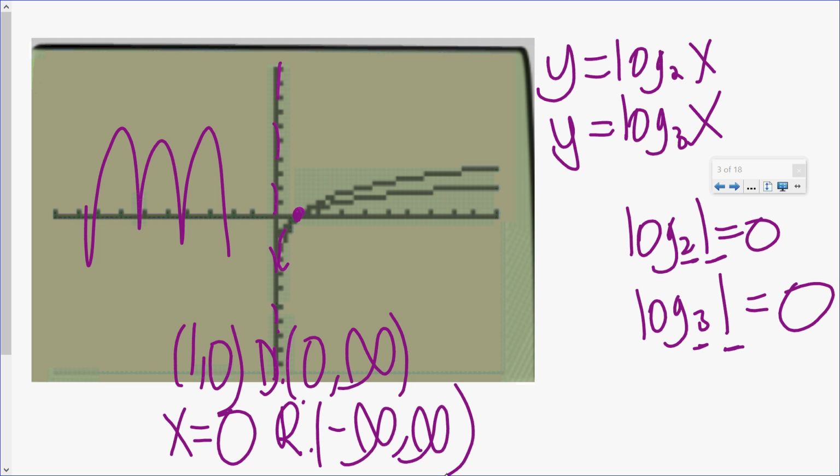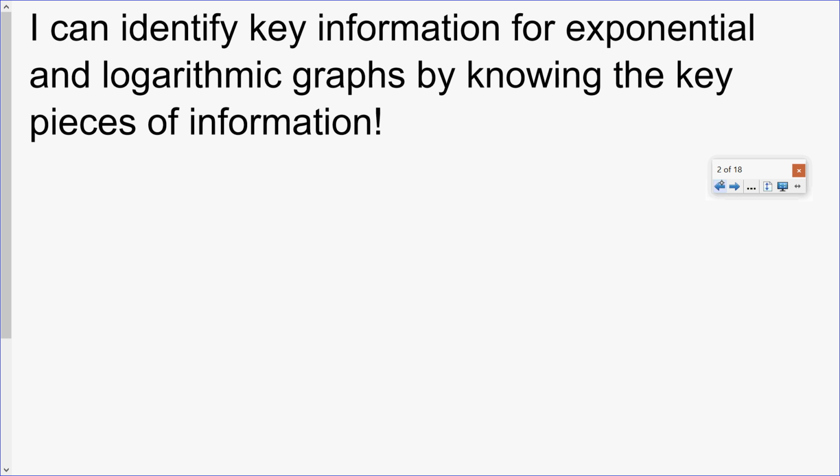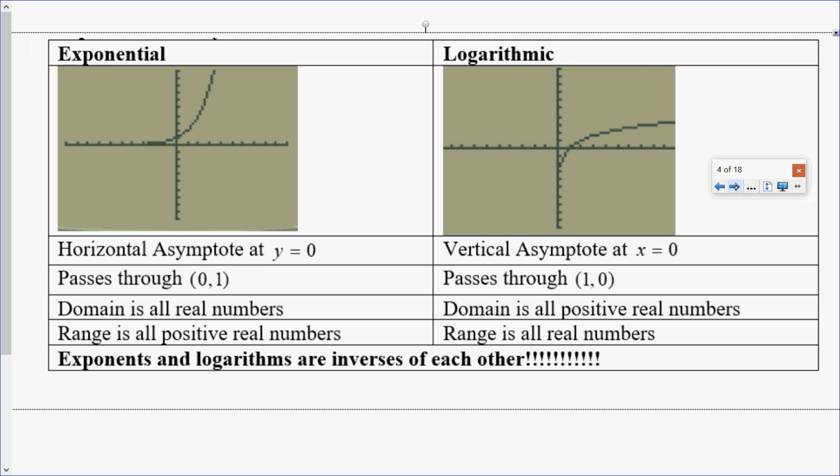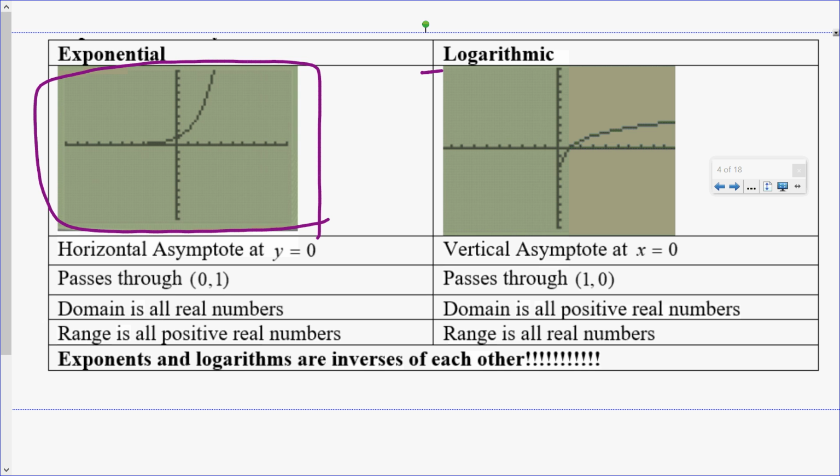So we're going to put all this into a table and compare it with the exponentials. And that's what we get right here. So this is your basic standard exponential growth function. This is your standard logarithmic growth function. Understand, though, that there's an asymptote here, and there's an asymptote here.